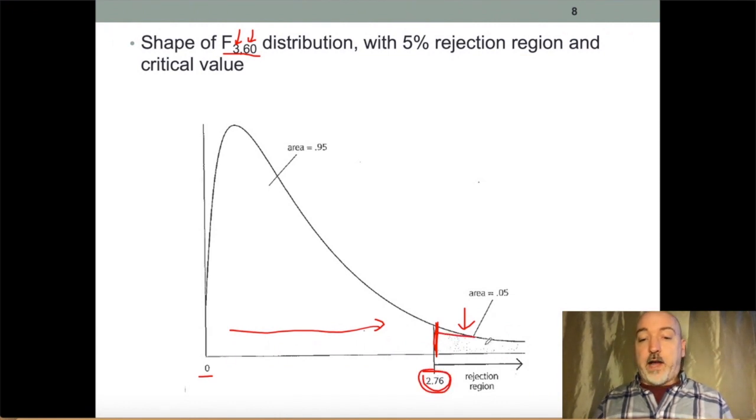That'll give us 5% area in the tail. And that would give us our rejection versus non-rejection regions. Obviously, where that critical value is going to be and the exact shape of that distribution is going to depend on those degrees of freedom.